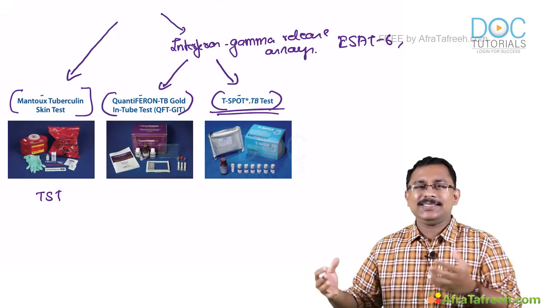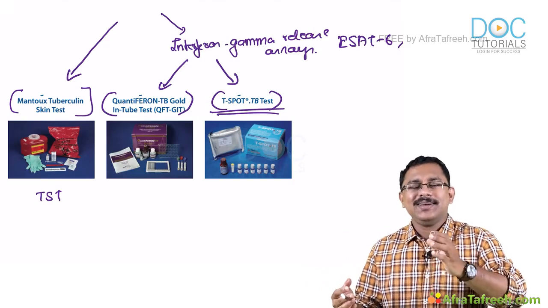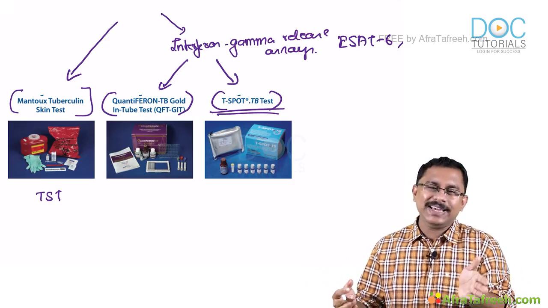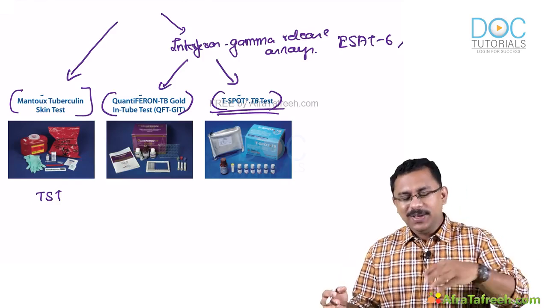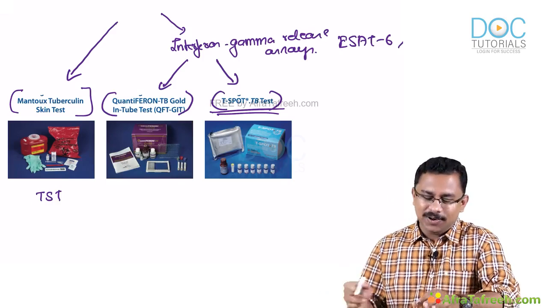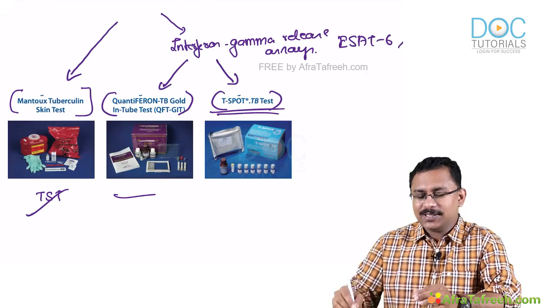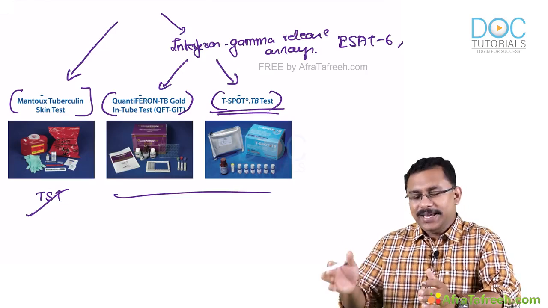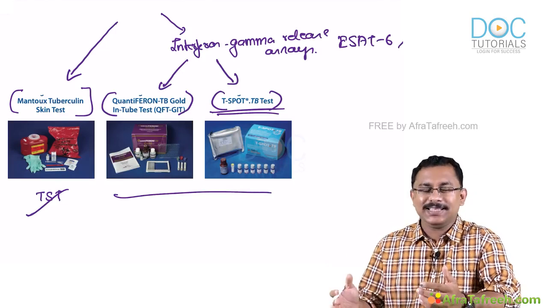Yes, it will detect a disease also, but the problem with these tests is that they cannot distinguish between a disease and an infection. Just because somebody has got a positive tuberculin test or a Manto test doesn't mean that he is having the disease. And just because somebody has an interferon gamma release assay positive doesn't ensure that he is having a disease.